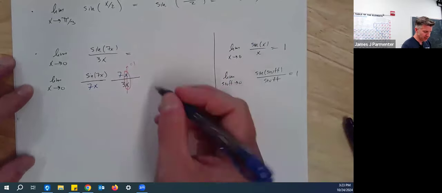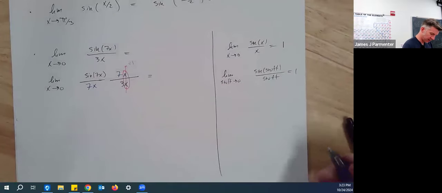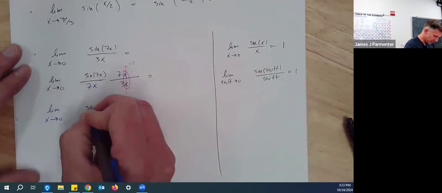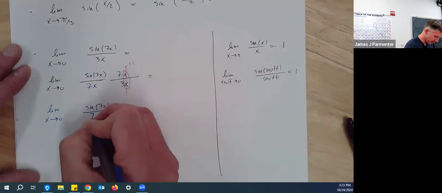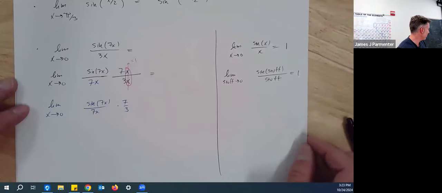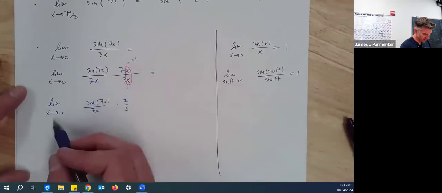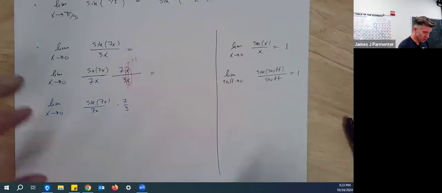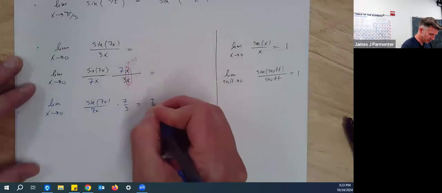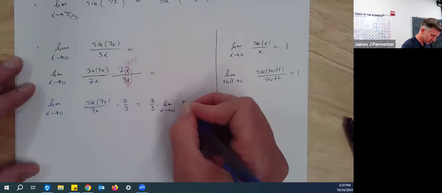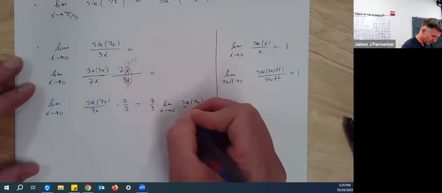Then we can rewrite this, and I don't think you actually need to write this up, but I'm going to write it out anyway, as the limit as x approaches 0 of sine of 7x over 7x times 7/3. And just to be completely explicit about this, whenever you have a limit of a function times a constant, you're allowed to pull that constant in front of the limit. So you could rewrite this as 7/3 times the limit as x approaches 0 of sine of 7x over 7x.